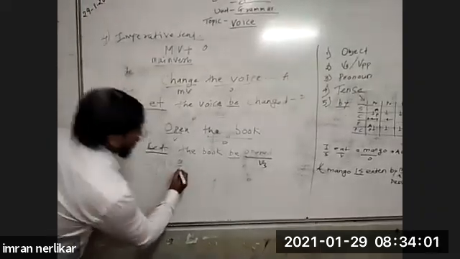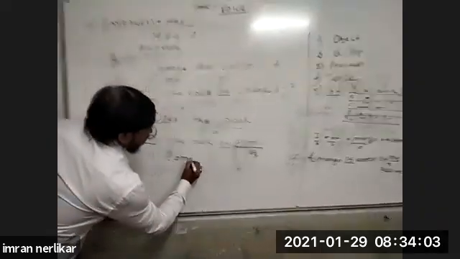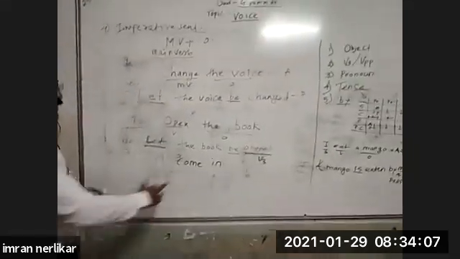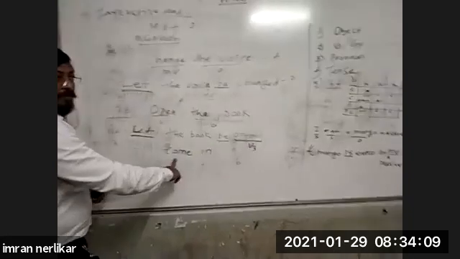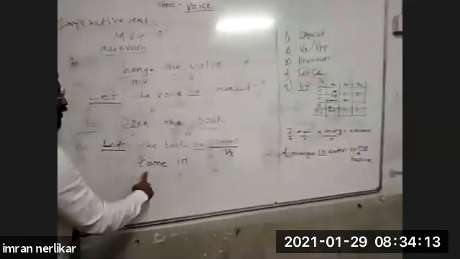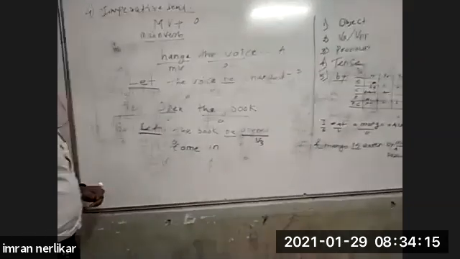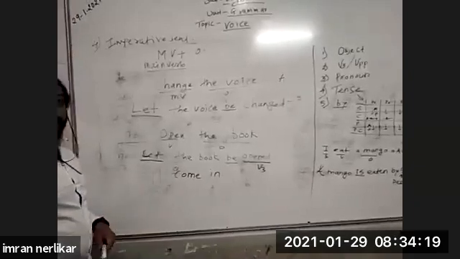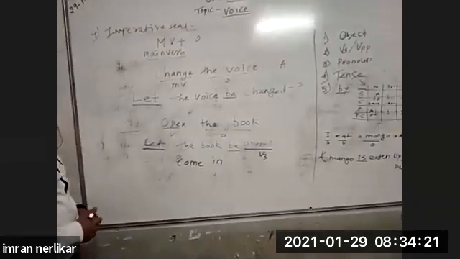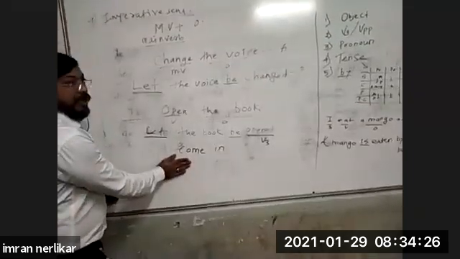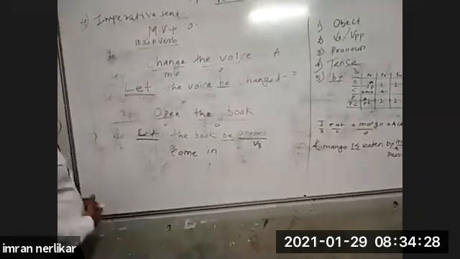For example, come in. See this sentence. Come is the main verb. In is not an object, it is a preposition. Now when this type of sentence is given, remember, keep in your mind, there is some change in this type of sentence.